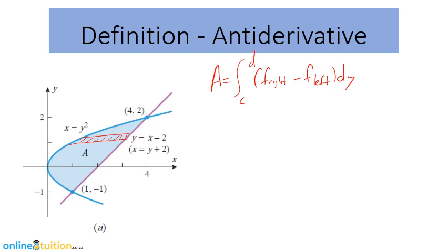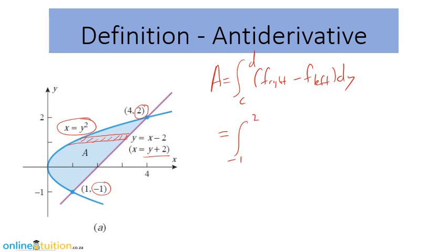So we need to write this as a function of y, which we've already done there, and next is y plus 2. So it's the right function minus the left function, and in this case the lowest y value is minus 1 and the upper y value is 2, so it'll run from minus 1 to 2.